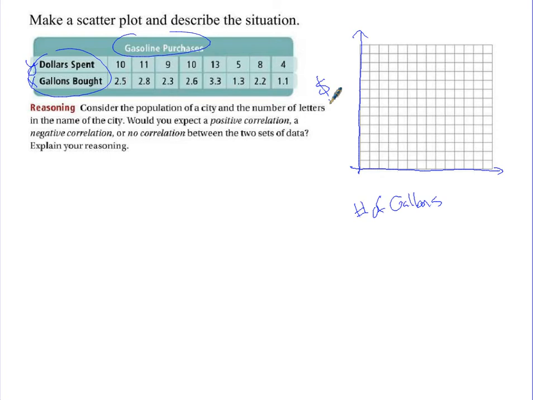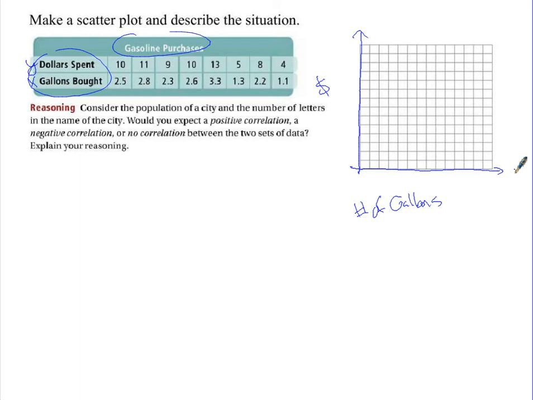We need a scale, so let's look at which axis first. Okay, x-axis, what's my scale going to have to be? Oh, that's 1.3. So we're going to start at 0, and the highest we have to get to is 3.3.